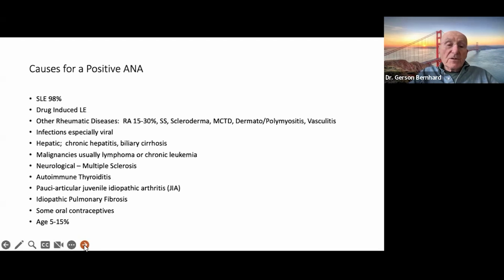Chronic hepatitis, biliary cirrhosis, malignancies, mostly lymphomas, certain neurologic diseases like multiple sclerosis, which we now think is an autoimmune disorder, certainly autoimmune thyroiditis, and in the juvenile group who have a localized arthritis, so-called pauci-articular juvenile idiopathic arthritis, it will be positive. And people who have pulmonary fibrosis, and some people on contraceptives, and as I mentioned before, even in a normal population. So you see how non-specific it is.